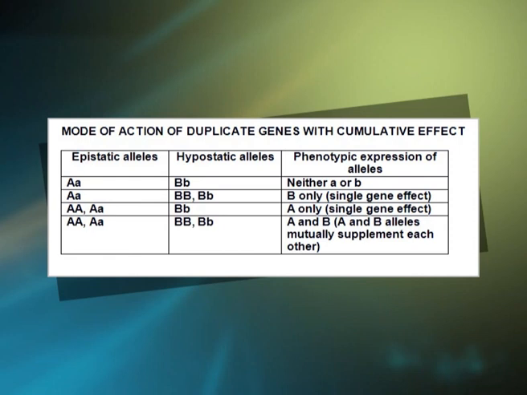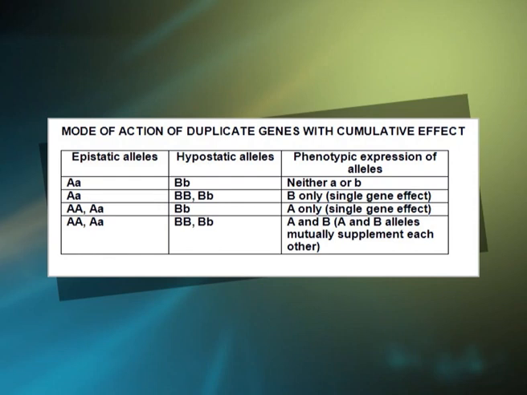The phenotypic expression is neither small a nor small b. In the second row, the epistatic alleles are capital A, small a, the hypostatic alleles are capital B or capital B, small b. The phenotypic expression of alleles is capital B only.